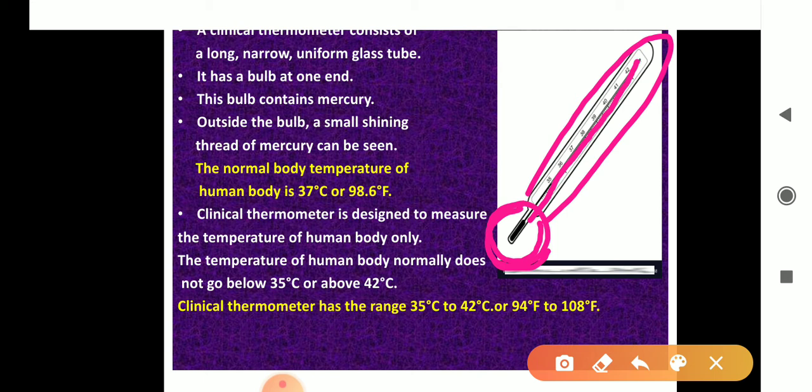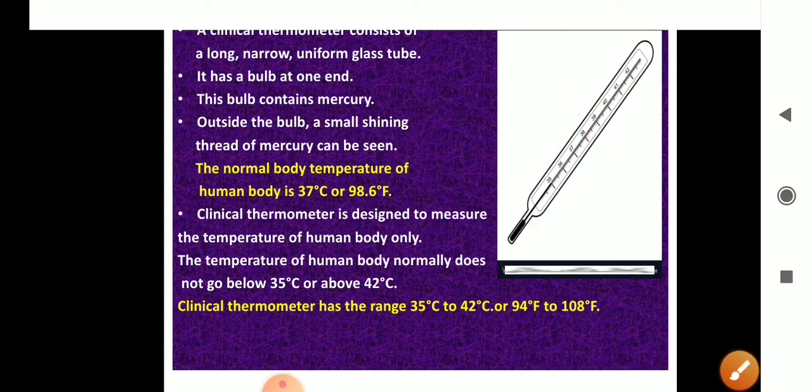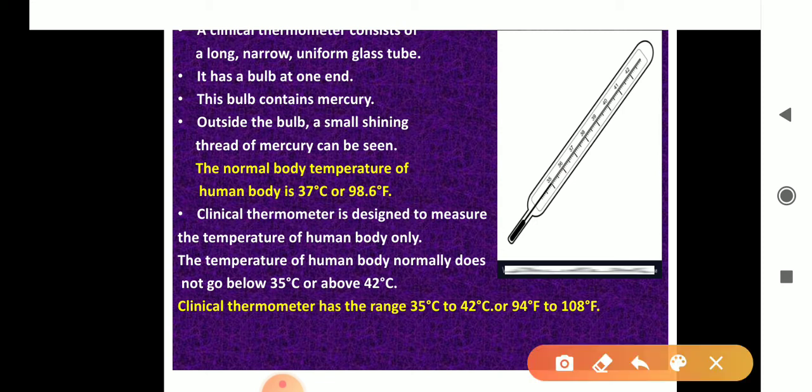This mercury, which is in liquid condition, obviously mercury is always found in liquid condition at room temperature, expands and moves upward in this capillary tube, up to a particular mark, and this mark you have to observe in the thermometer. This mark will be the reading of your temperature.